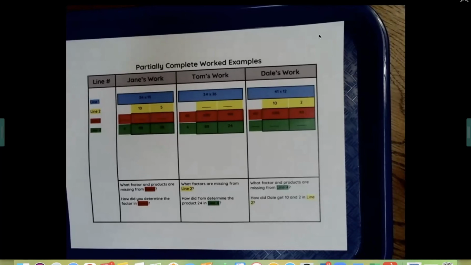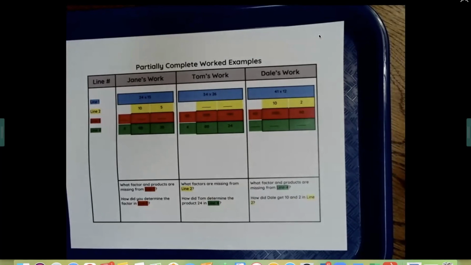Now, there will be some "what" questions, by the way, when you get into doing the partially worked ones, because you're asking for an example, and then you want to know how you get to that. So what factor and products are missing from line 4? Again, we're filling in what's missing in the green. And then how did Dale get 10 and 2 in line 2? Going back to how did he get that 10 and 2? Well, that's from the 12 where he expanded it.